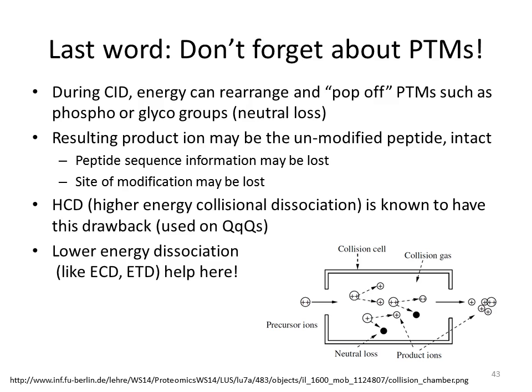And the last word is, don't forget about post-translational modification. So this is what I was talking about before. When the peptides fragment in the collision cell, they usually fragment along the peptide backbone very predictably. If they have side chains, what can happen in CID is the energy that it experiences when you hit it with the voltage is that it rearranges and pops off the modification.